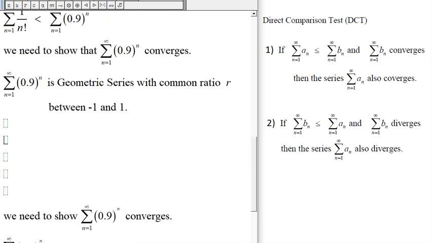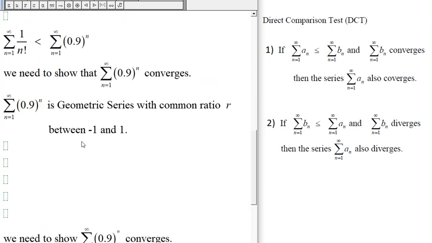And for geometric series, we know that if the common ratio is between -1 and 1, the series converges.